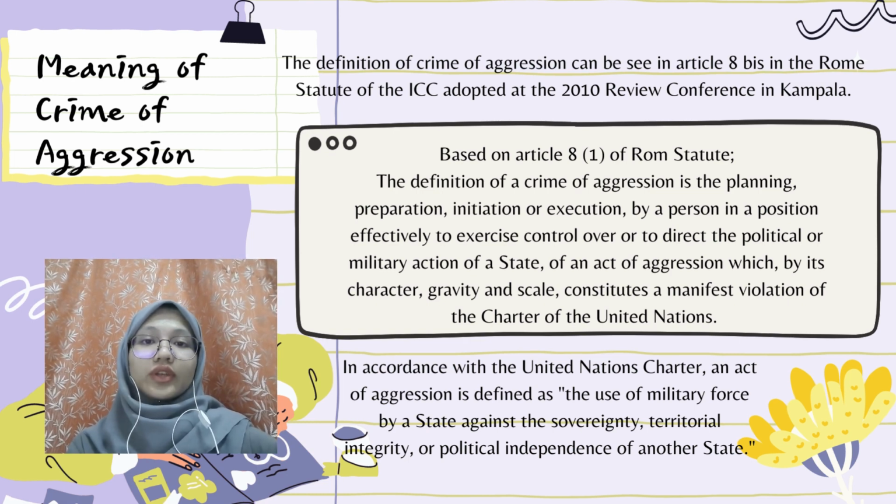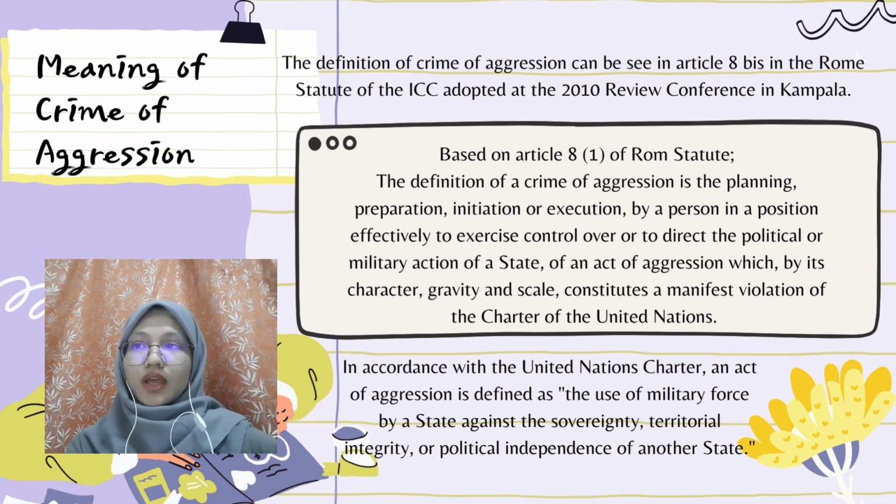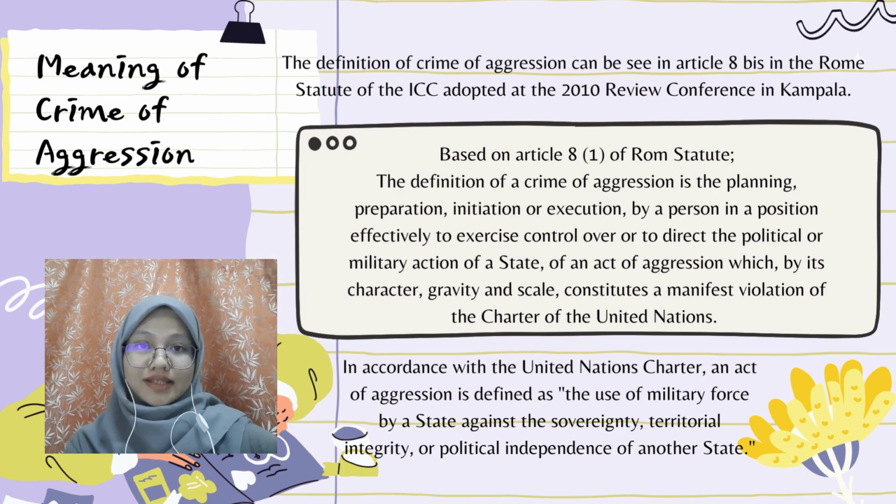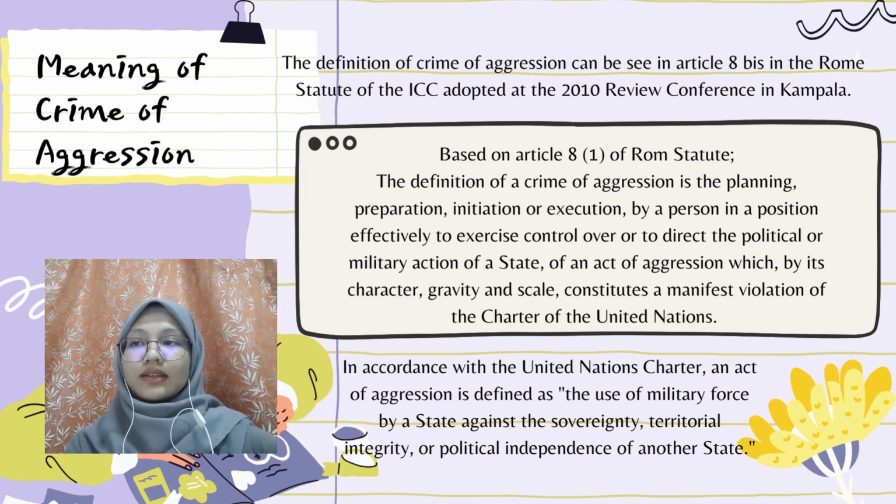Okay, after we know the history, we must know the meaning. So let's move to the meaning of crimes of aggression. The definition of aggression can be seen in Article 8 bis of the Rome Statute of the ICC, adopted at the 2010 Review Conference in Kampala.